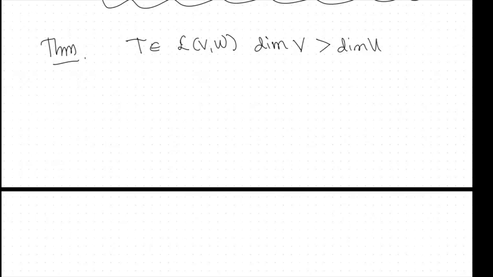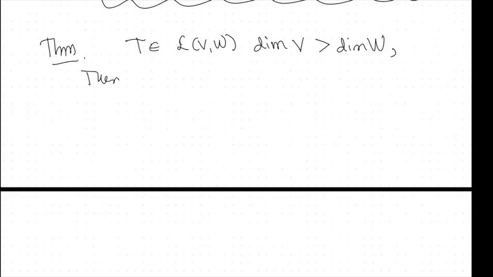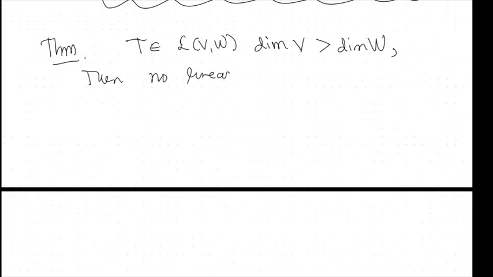So, theorem or proposition: let T be an element of the linear maps from V to W, and the dimension of V is greater than the dimension of W. Then no linear map from V to W is injective.